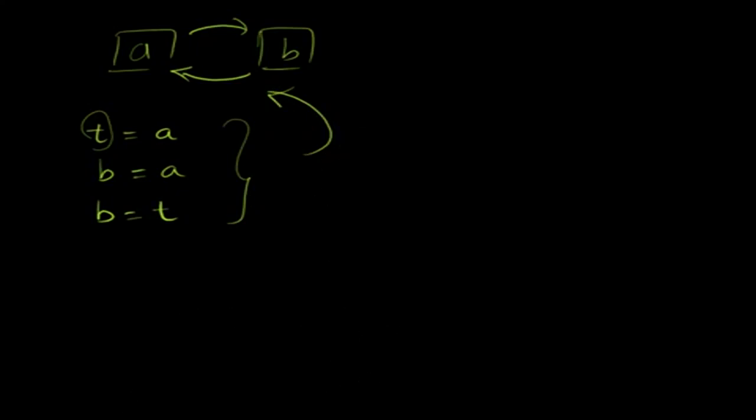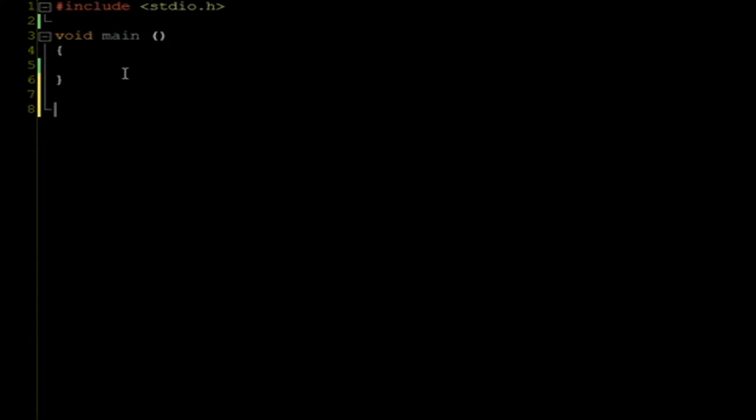Let's do it. As usual we have included the standard input output header file. Then we have the main function. Let's write a function called swap. Swap returns nothing, so we write void swap, and it will accept two pointers, the pointers of the two variables whose values we want to exchange, and those two variables are integers.